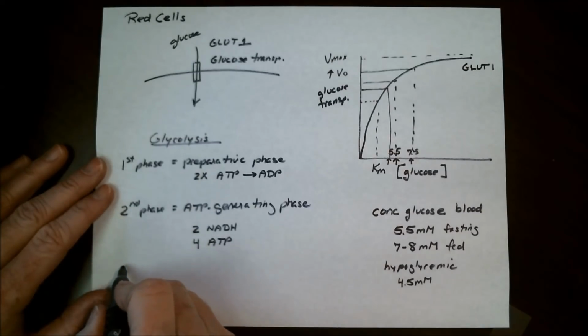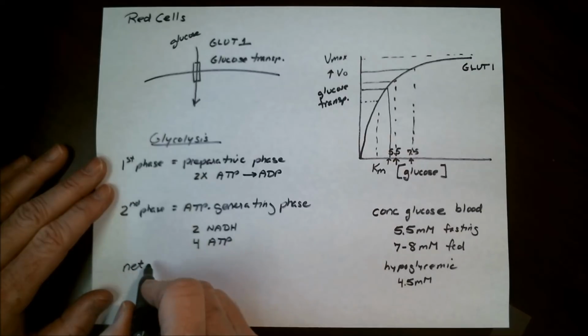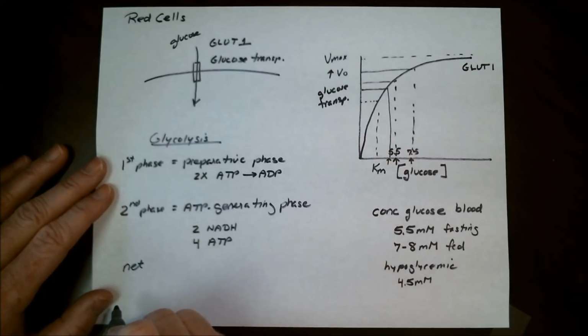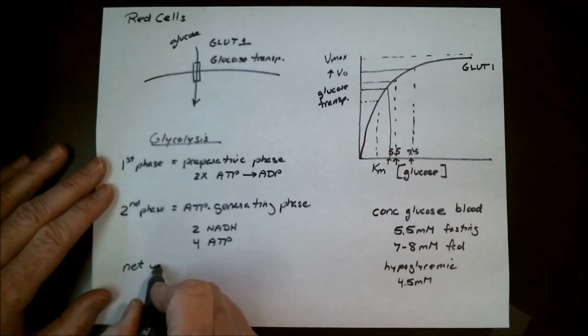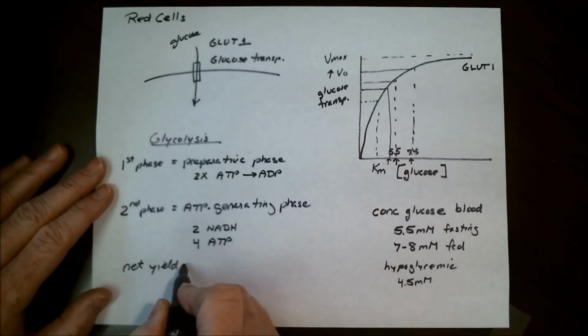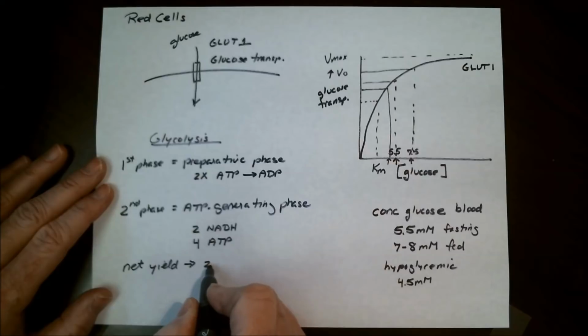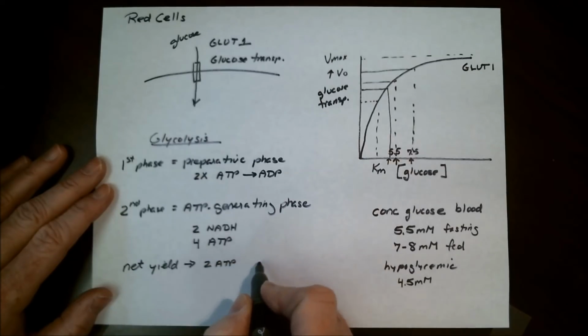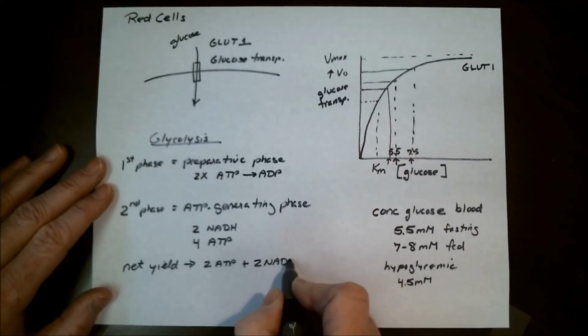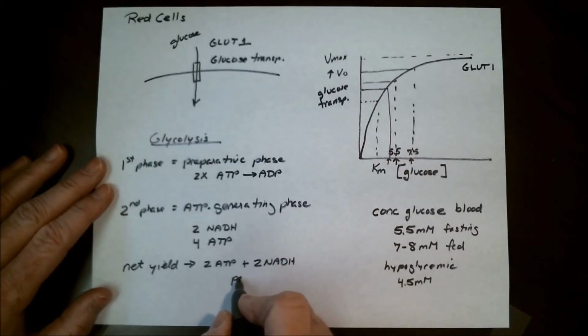So glycolysis, when we take our glucose down to pyruvate, which is the last product of glycolysis, the net yield overall is going to be 2 ATP plus 2 NADH per glucose molecule.